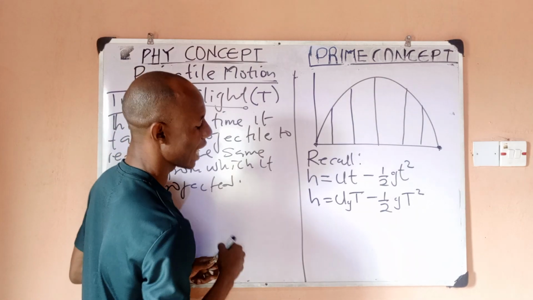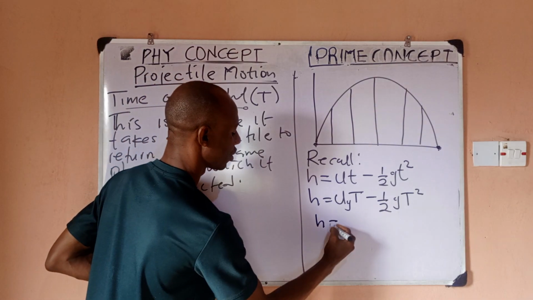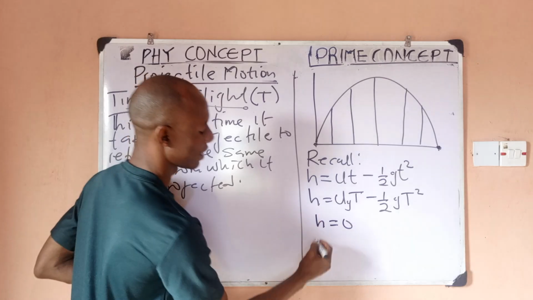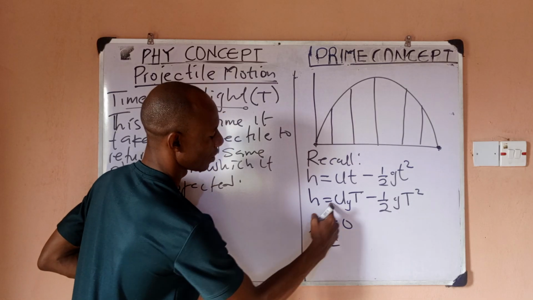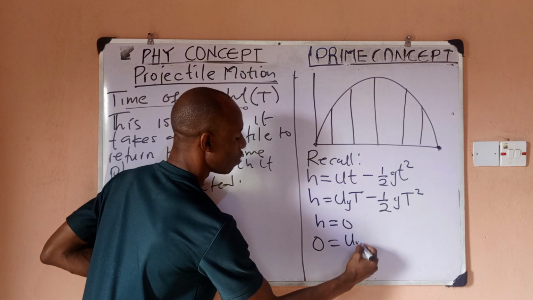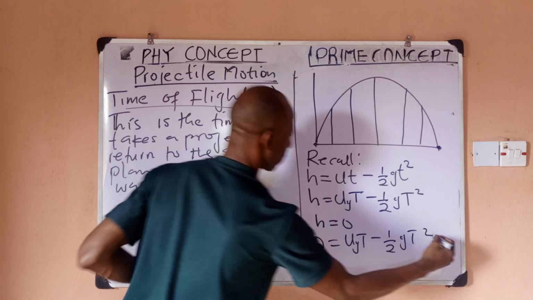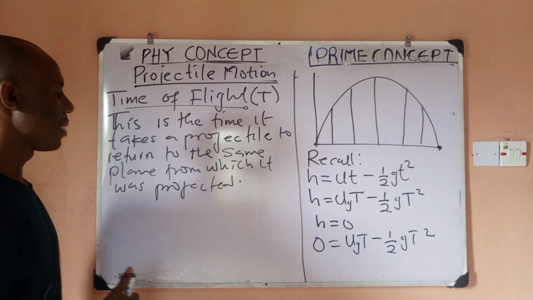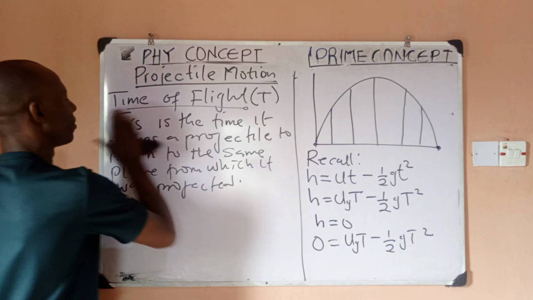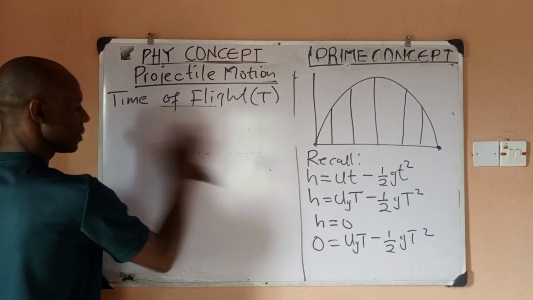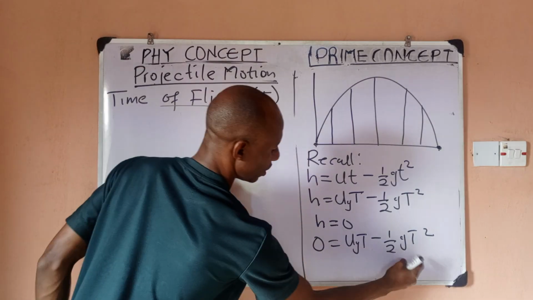So h is 0. If that is the case, I have 0 equals uyT minus half gT squared. Remember, I'm trying to find the time of flight. So if I push this to this side, this negative sign crosses.